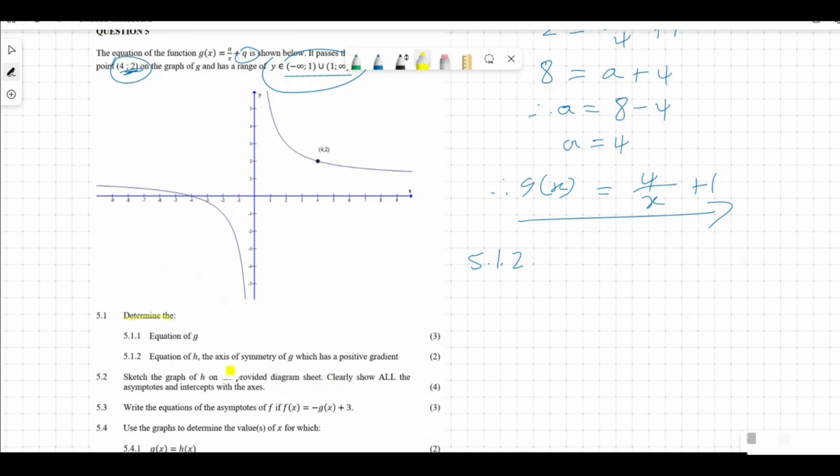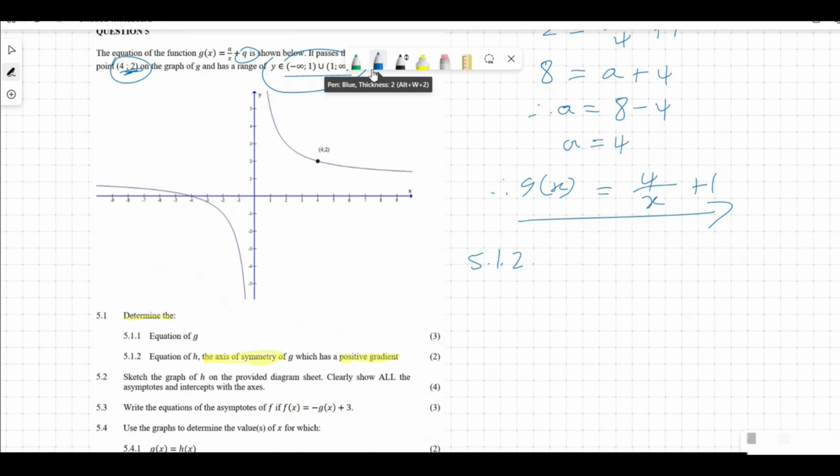So we're looking for the equation of h, which is the axis of symmetry of h with a positive gradient. It's there in your notes. What is the equation? With a positive gradient, give me that equation, 2 marks for free.